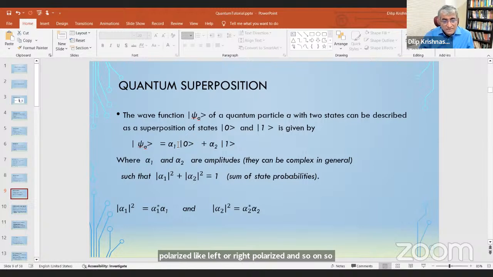The wave function is written as a weighted sum of the different possible states in the system. These alpha 1, alpha 2 are essentially the amplitudes, and the squares of these amplitudes, when you add them up, are effectively the sum of the probabilities for the different possible states.